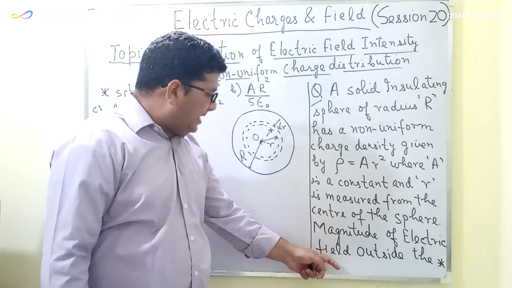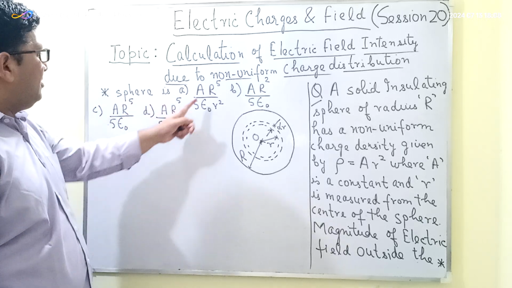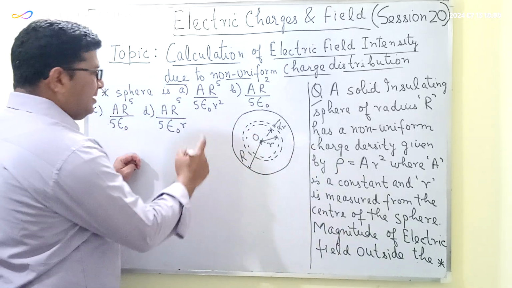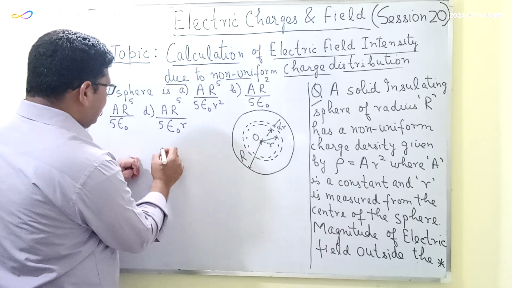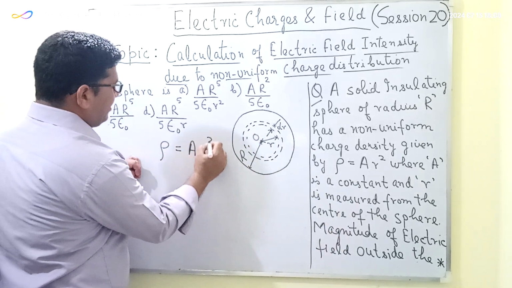So the magnitude of the electric field outside the sphere is, there are four options here and we have to find the correct one.